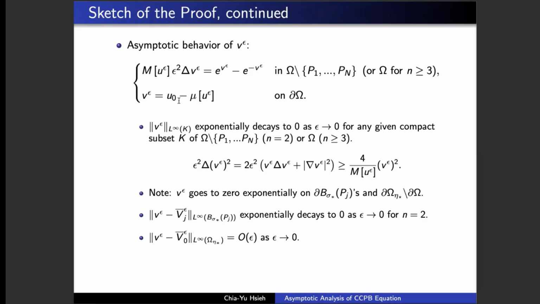Okay, and this exponential decay in particular gives us some control of V on the boundary of the disk near the singularity and the inner boundary of the boundary strip omega eta star. So we can use these two conditions to further obtain some approximation of V in these two regions, that is near the singularities and near the boundary.